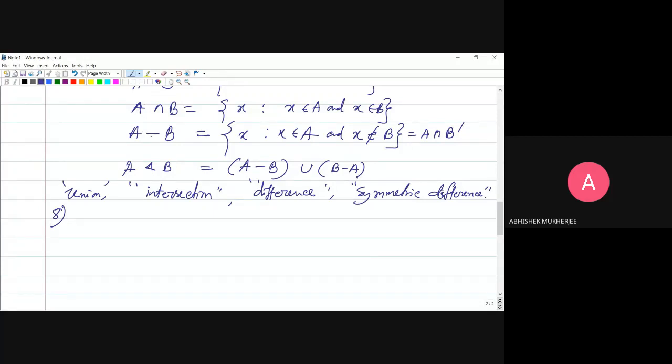Now we move to another example by considering the set of all M cross N matrices over, suppose, the set of all reals.